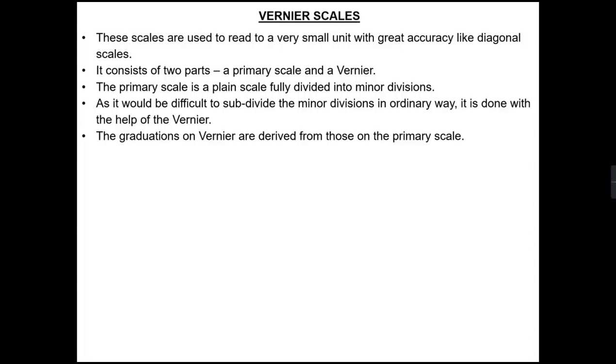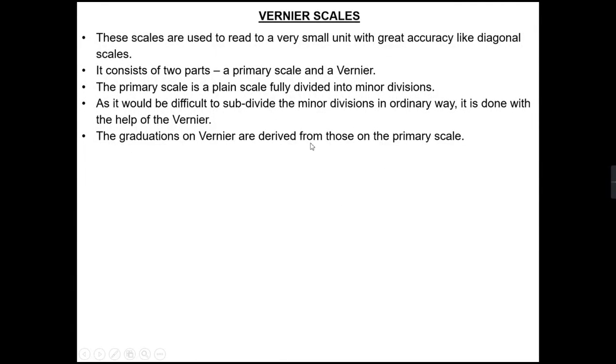The primary scale is nothing but the plain scale, and as it would be difficult to subdivide the minor divisions in an ordinary way, it is done with the help of a vernier. Like in the diagonal scale, it is done by the diagonal scale. In this scale, it is done by the vernier.